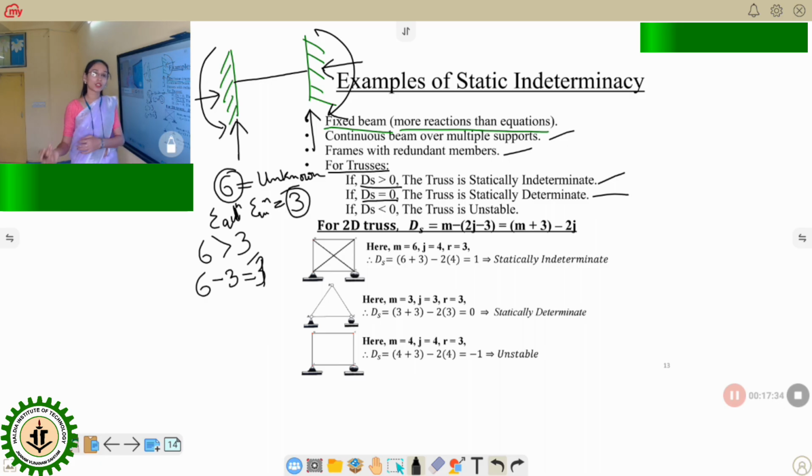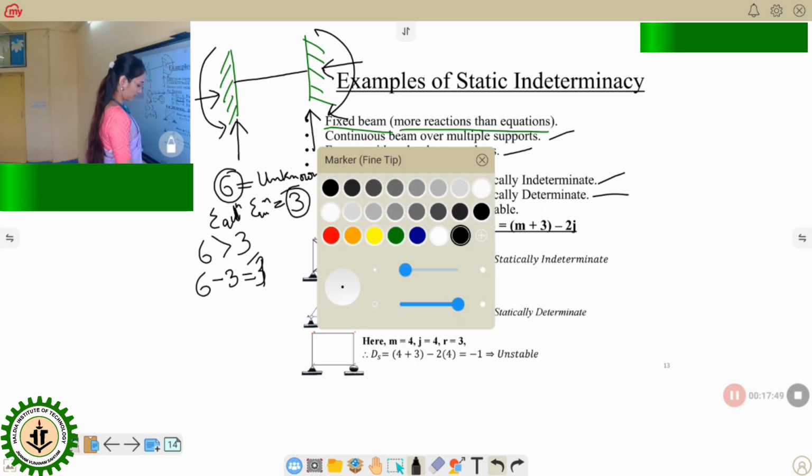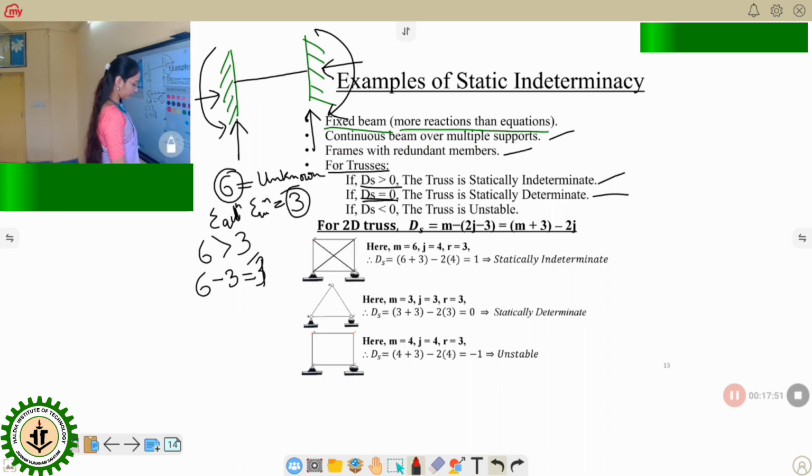There is no extra equilibrium equation that is unused, nor are there extra unknowns that cannot be solved using the equations. The number of unknowns and the number of equations equally justify each other, and the structure thus becomes statically determinate. But when ds is less than 0, the structure is unstable.